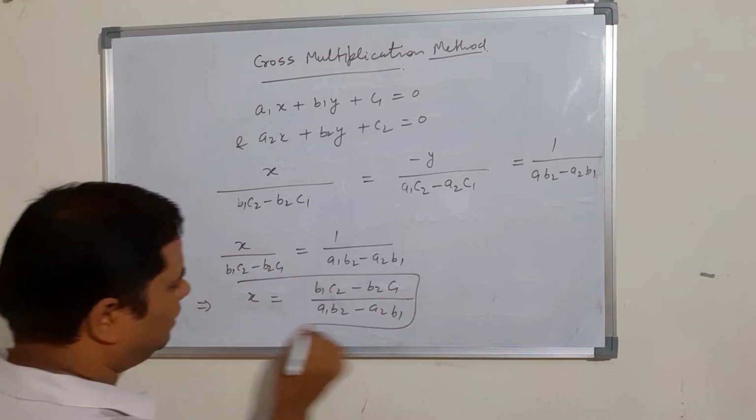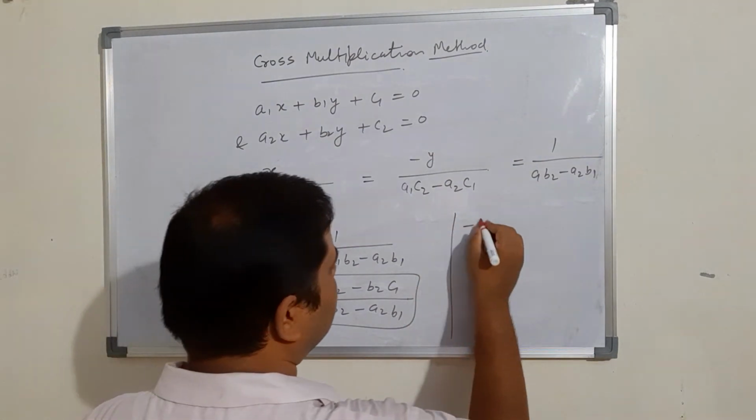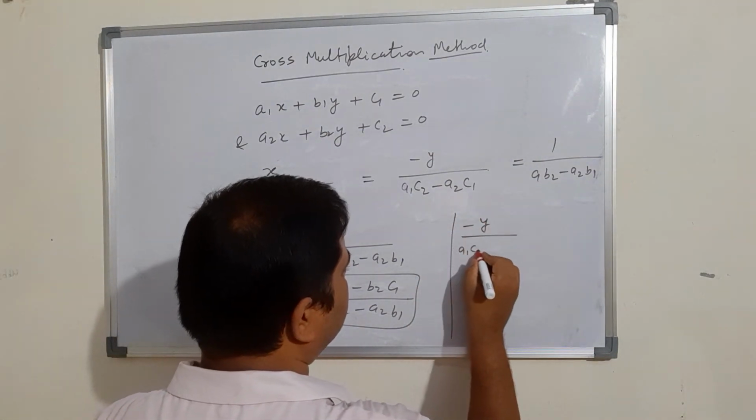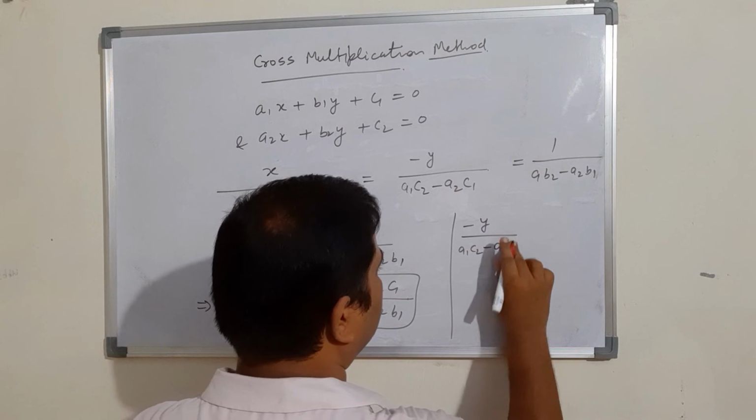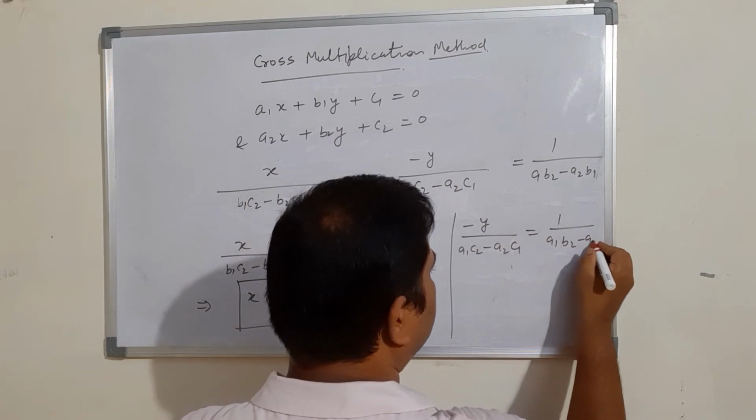So this is the value of x. Similarly, minus y upon a1 c2 minus a2 c1 is equal to 1 upon a1 b2 minus a2 b1.